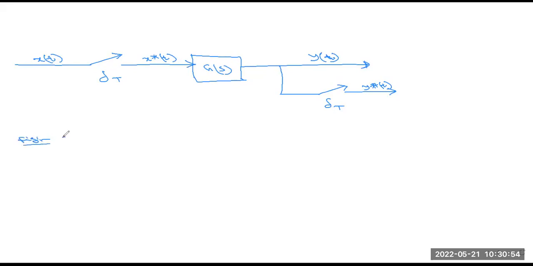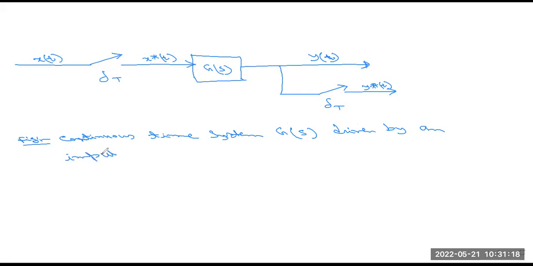So this is the figure of the continuous time system, that is G(s), driven by an impulse sampled signal.